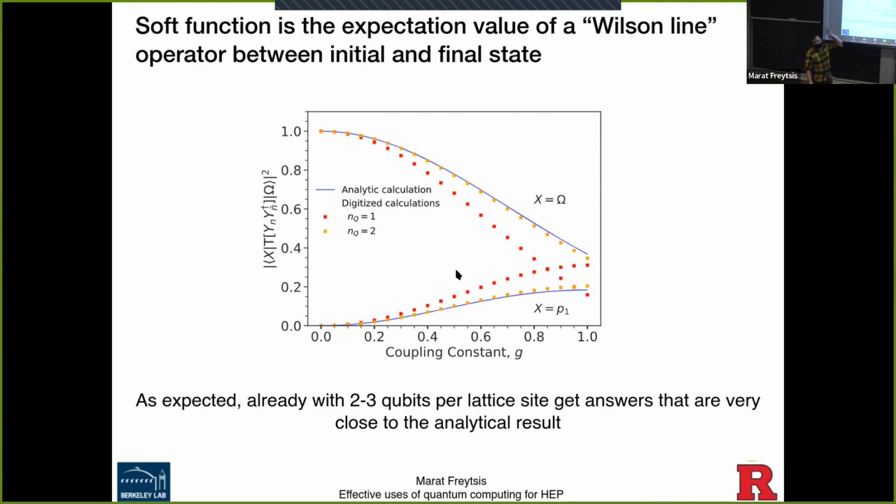But already with 2 qubits in this simple system, you're getting 4 field values per lattice site. You're getting reasonably good agreement with the full theory result, something within a few percent. And with 3 qubits per site, at least at the accuracy that I'm showing, you can't really see a difference between that and the continuous calculation.